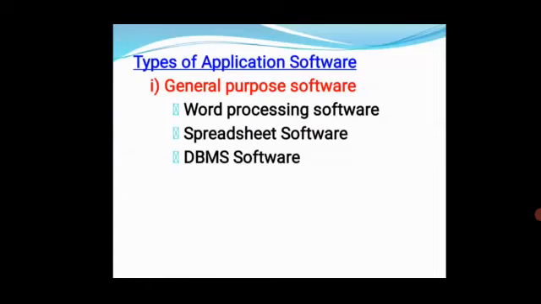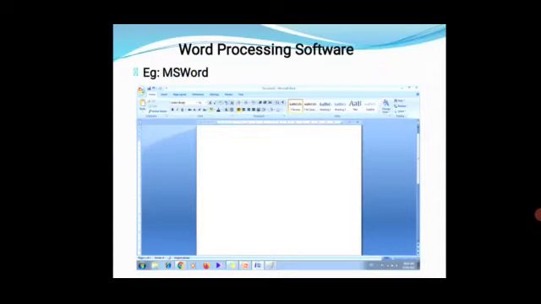Some of the general purpose software I have listed here. What are they? Word processing software, then spreadsheet software, then DBMS software. What is the meaning of word processing software? The best example I have given is MS Word. You have already worked on it in lower classes. MS Word is the best example of word processing software.